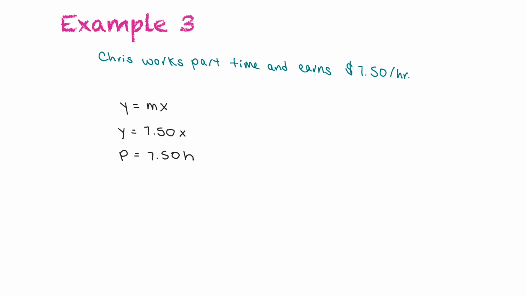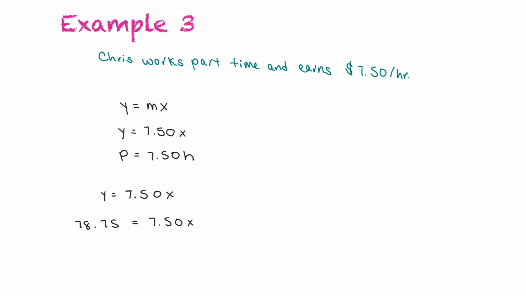So our next one, we want to find out if he makes $78.75 in a week, how many hours did he work? So we can plug in our information. So y equals 7.50x. We know that he made 78.75 equals 7.50x.